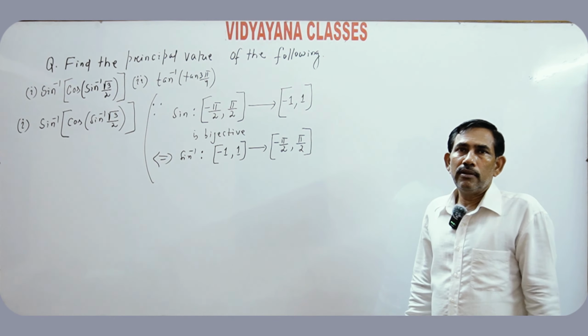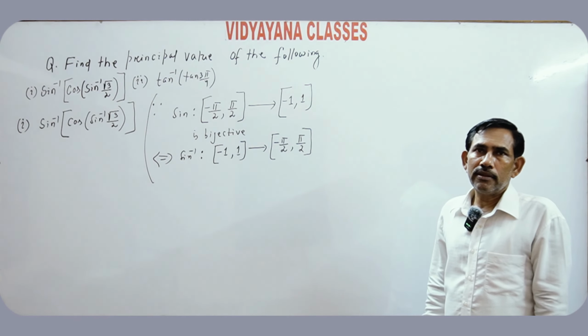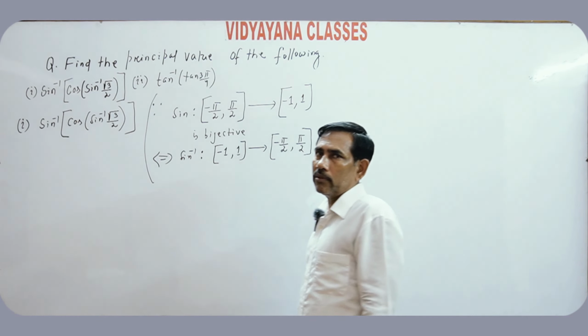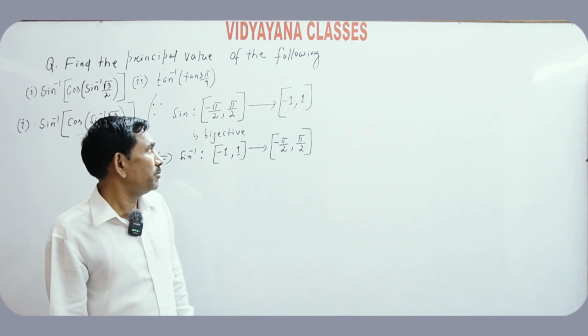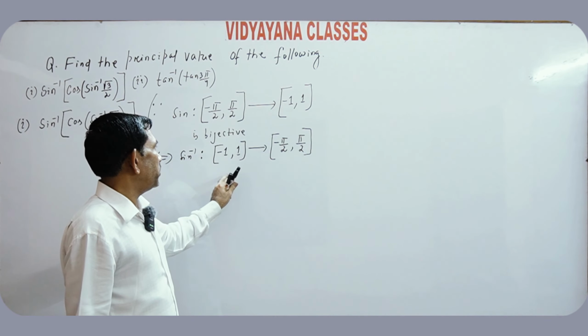If f is a function from A to B that is bijective, then its inverse, that is f to the minus 1, is defined from B to A.